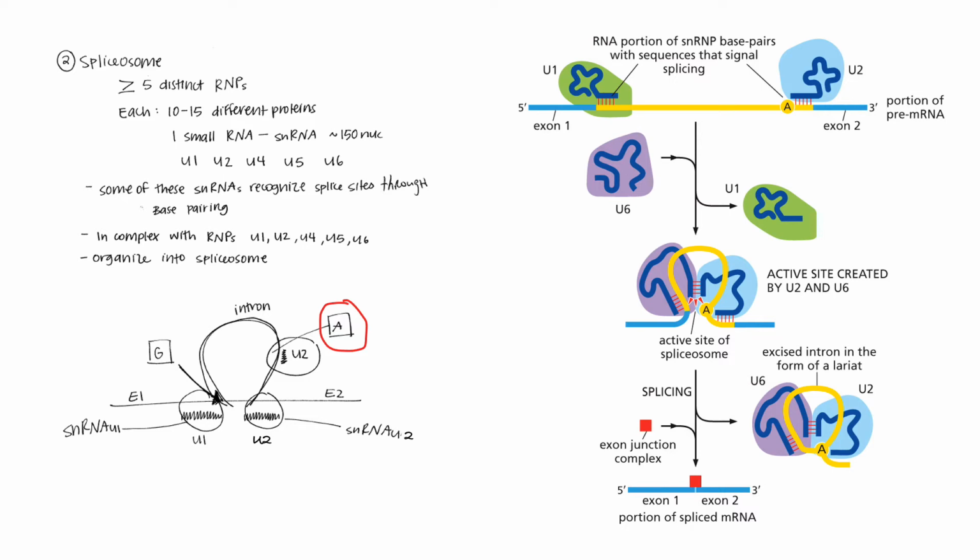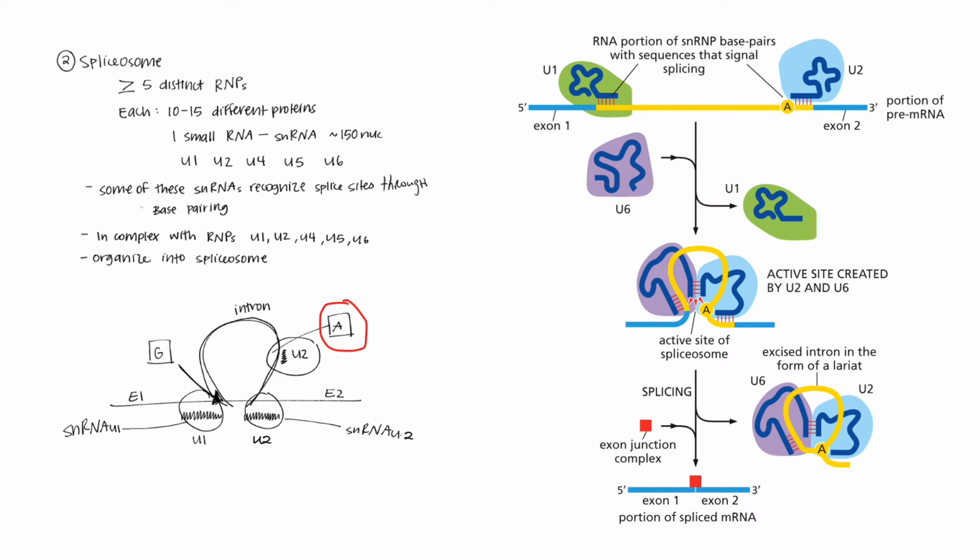The border between the end of the intron, the 3' end of the intron, and the 5' end of exon 2 is bound by ribonucleoprotein complex U2 by virtue of the RNA base pairing with that sequence. And then U2 also appears to bind in the intron where that important A was.